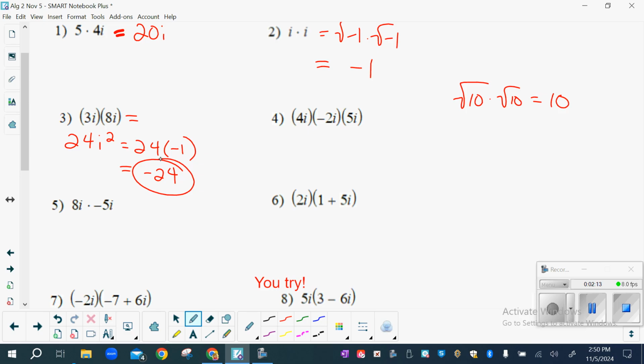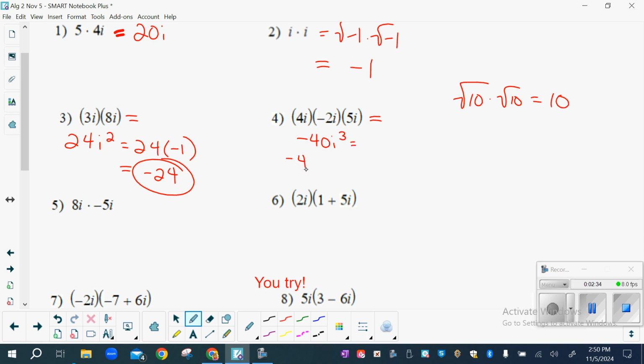Okay, so on this one here, what do we do on number 4? Because we've got 3 of them, we multiply. So we're going to multiply that 4, negative 2, and 5. 40. So that gives us positive 40 or negative 40? Negative 40i to the third.